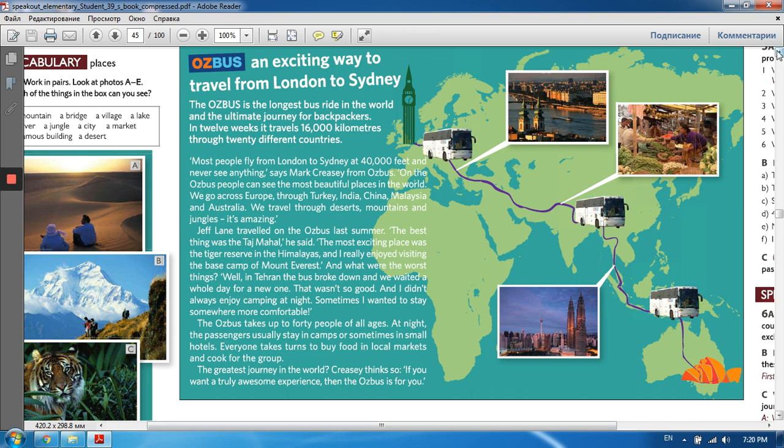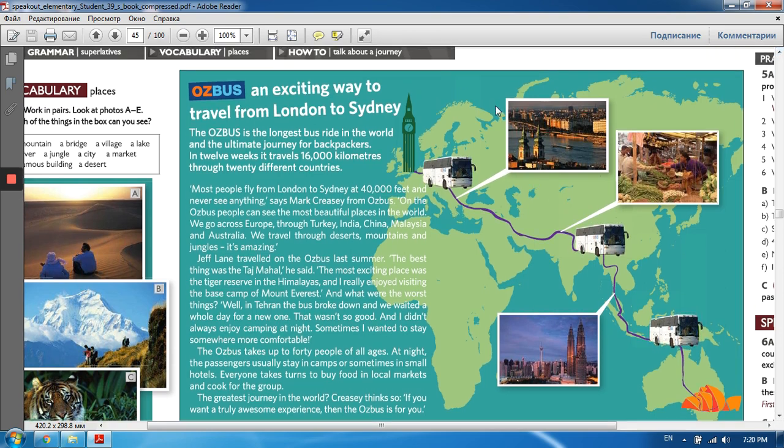So let's read the text. The Ozbus, an exciting way to travel from London to Sydney. The Ozbus is the longest bus ride in the world and the ultimate journey for backpackers. In 12 weeks, it travels 16,000 kilometers through 20 different countries.